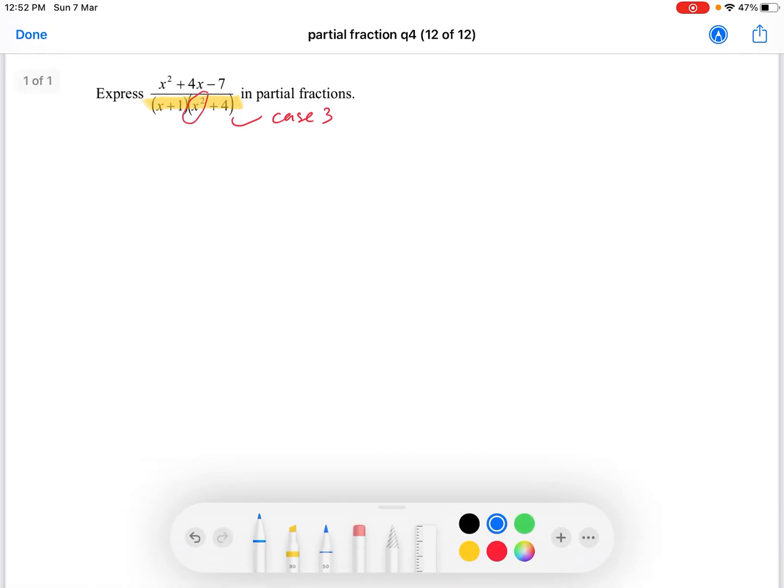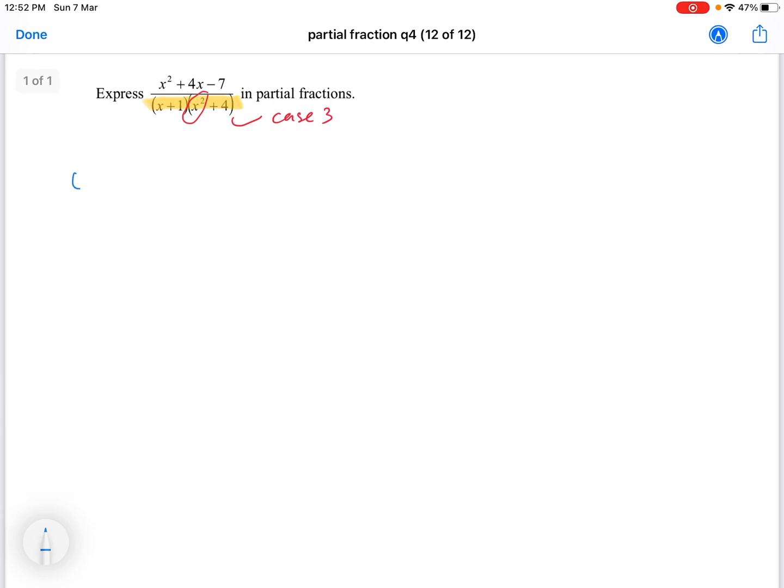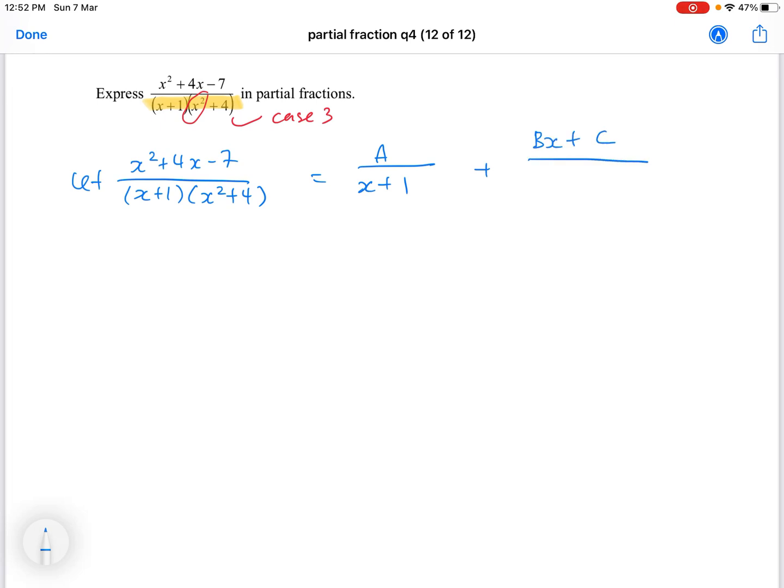Okay, so what we will need to do now is write down the original expression. When it's case 3, it will be equal to A over x plus 1, the first linear, followed by Bx plus C over the square of the denominator expression.